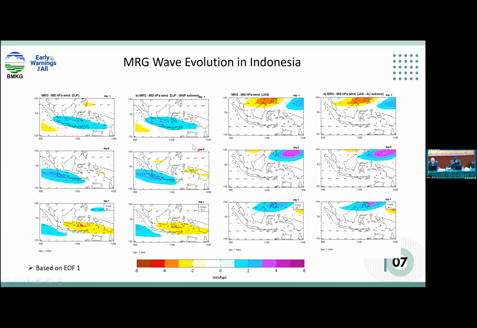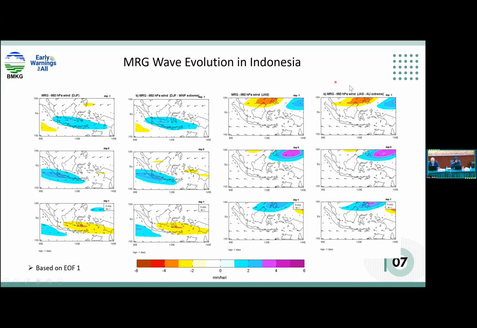We can see that during the extreme condition, the amplitude of the MRG wave is more significant than during the active one. Active one means all the period during December, January, and February. And this is based on empirical orthogonal function 1.